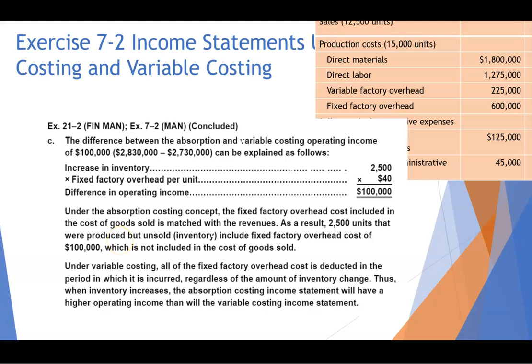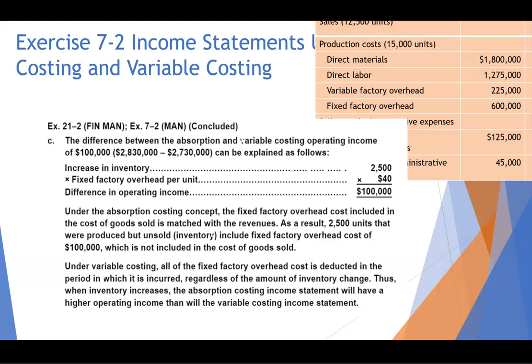Under the absorption method, the fixed factory overhead included in the cost of goods sold is matched with revenues. So the 2,500 units that were produced but not sold, that are still sitting in inventory with that fixed factory overhead of $100,000, isn't part of cost of goods sold.